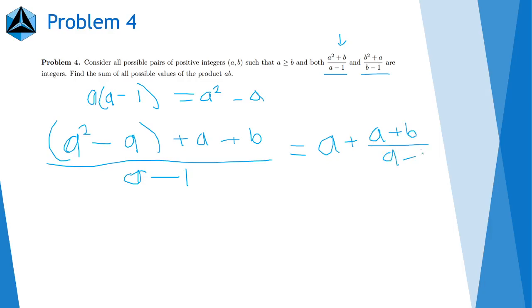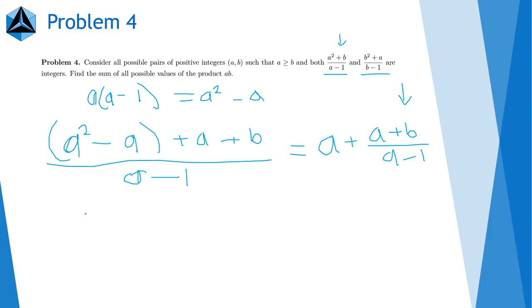over a minus 1. And now clearly a is an integer, so we can disregard the a because we're just focusing on making this an integer. We're going to keep on doing this. We also have the denominator a minus 1, so let's see if we can remove the other a term in the numerator. And we can, since (a minus 1) times 1 is equal to a minus 1.